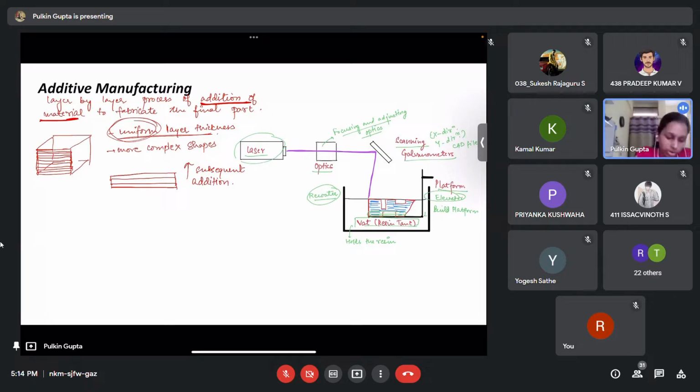Now, what is the workflow to successfully additively manufacture a part? So there are certain steps involved in additive manufacturing. So the first step is the generation of the data set for the CAD model.